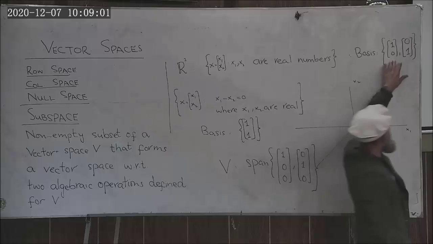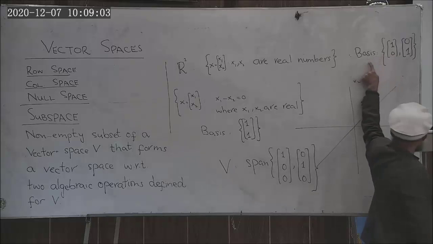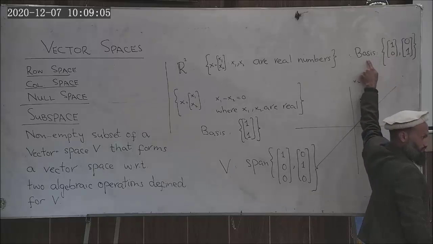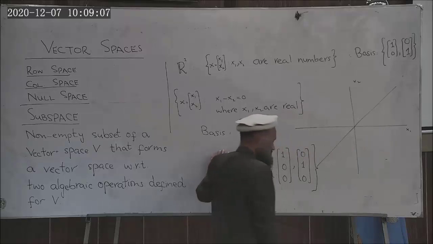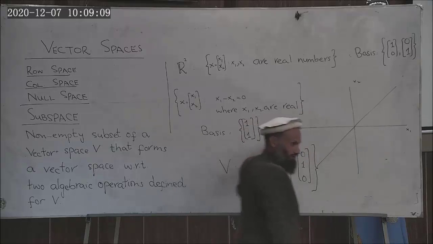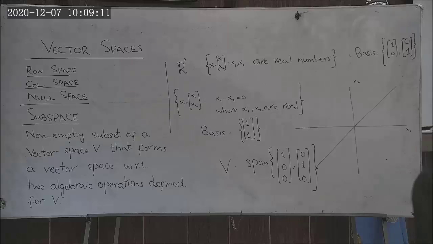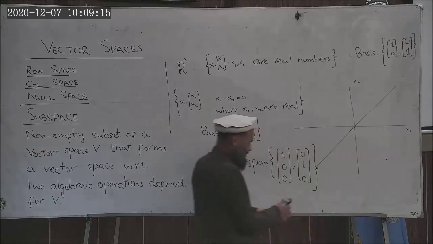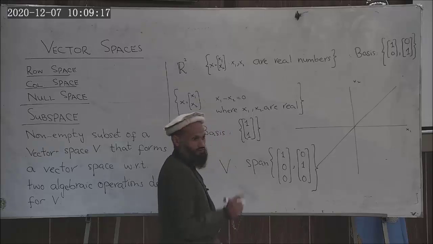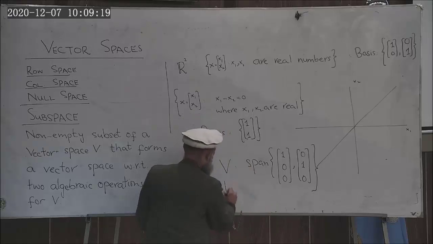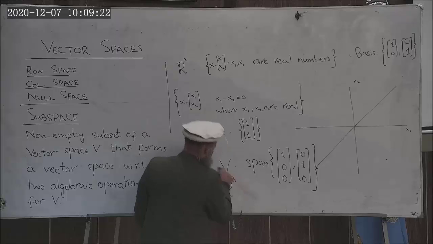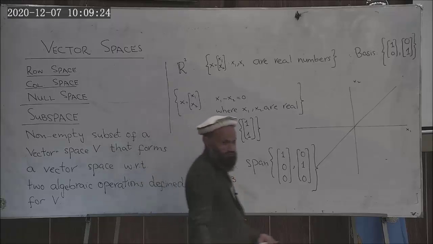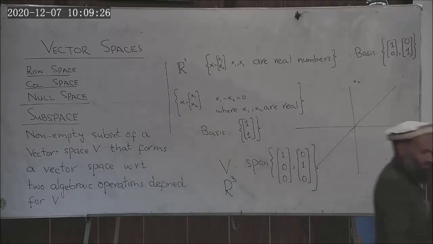Although the dimension of this vector space is also 2, these are two different spaces. This is a subspace of R3. This vector space is a subspace of R3.